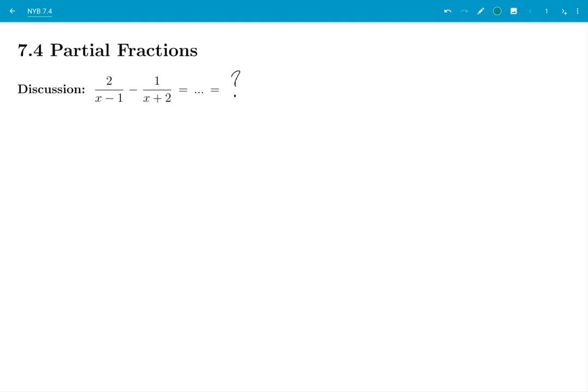Okie dokie, partial fractions. To motivate what we're doing here, I'm going to combine these two fractions into a single fraction. This will all make sense, I promise. The common denominator will be the product of the two denominators.